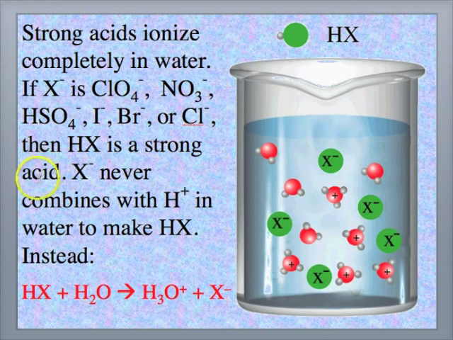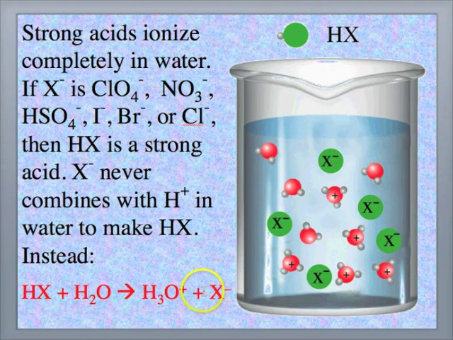And what that means is that if you have any of these 6 anions in water, they never combine with hydrogen ion to form HX, or the strong acid. Instead, whenever you put HX in water, it completely ionizes to form hydronium ion and X-, the anion itself.